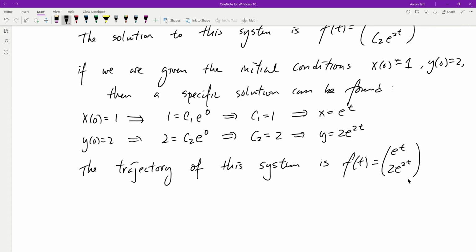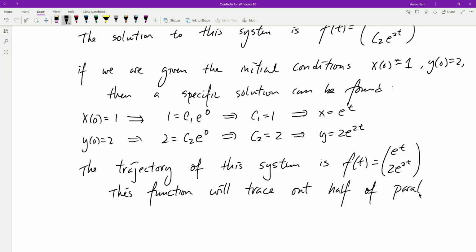And the interesting thing is, if you were to graph this function, it will trace out half of the parabola y equals 2x squared, with x and y both greater than 0.